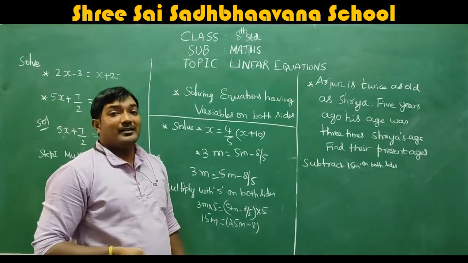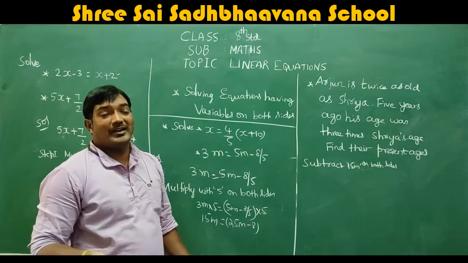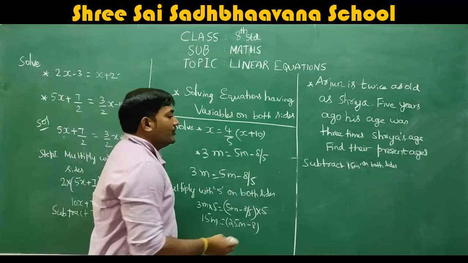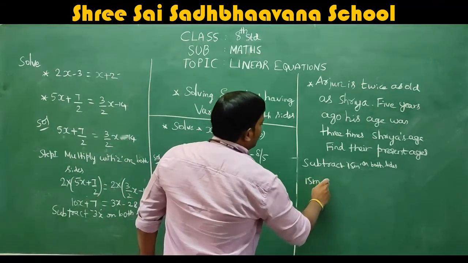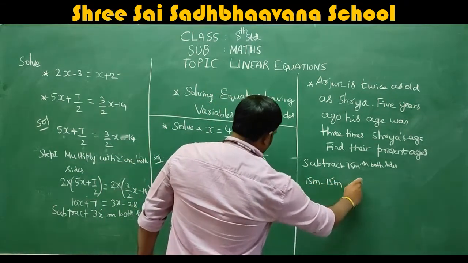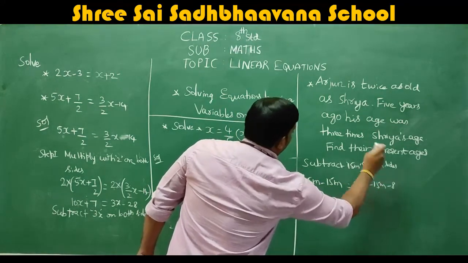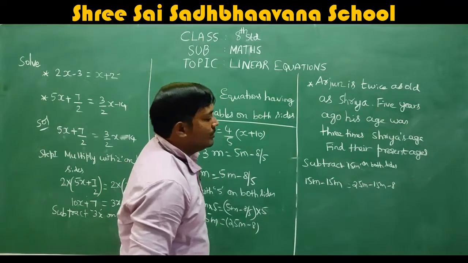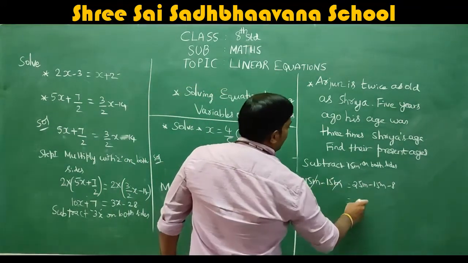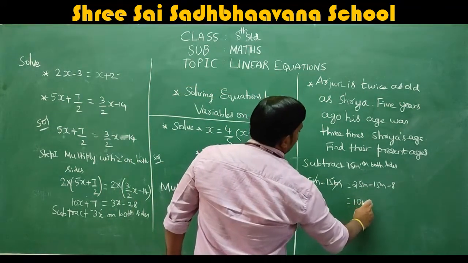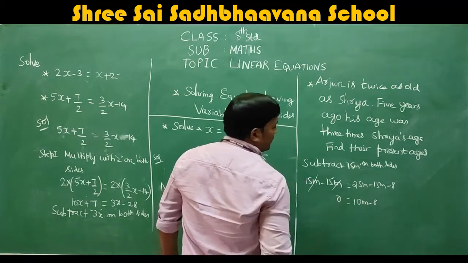It may be m and p, m, q, or anything, the variable itself. So 15m minus 15m, which is equal to 25m minus 15m minus 8. So this will be 0. 25 minus 15, how much? 10m minus 8 is equal to 0.